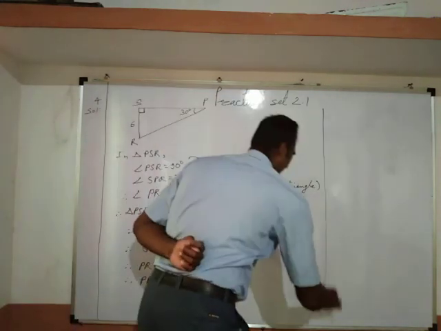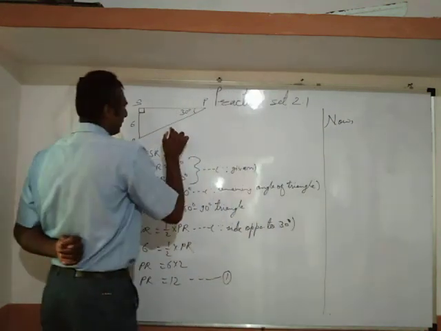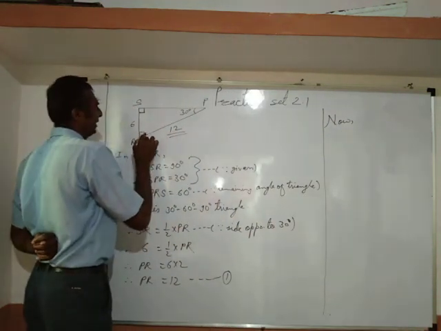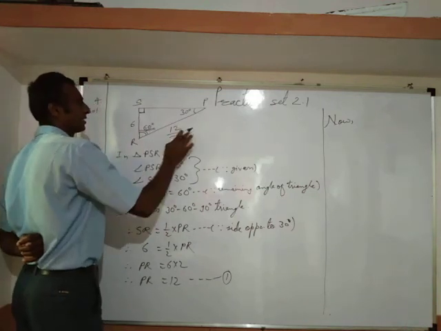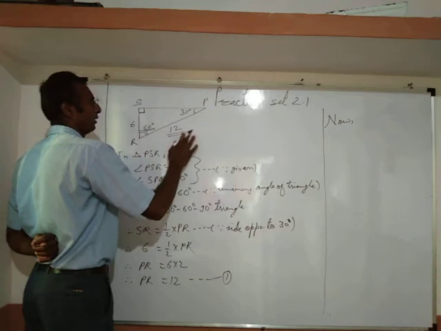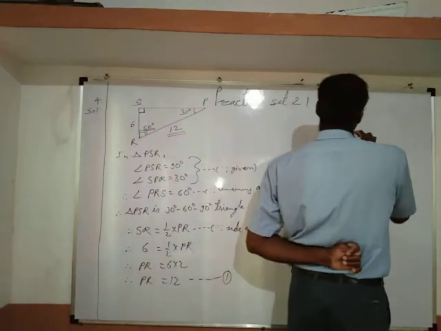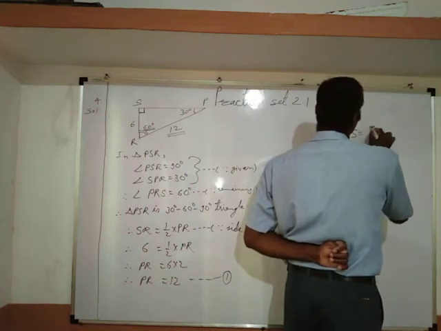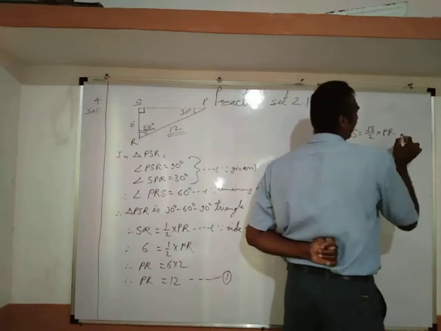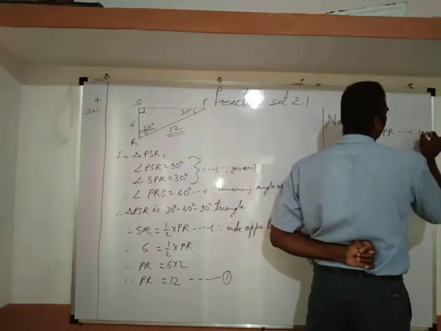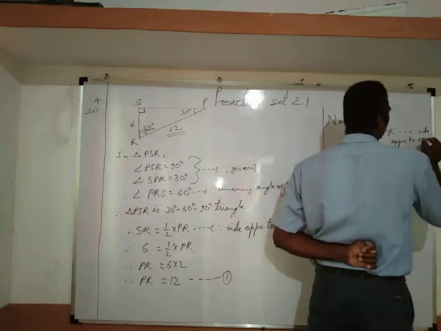Okay, now we have PR 12, angle PRS 60 degrees. Let's underline these things because these were not given. We calculated them. Now PS equals root 3 upon 2 into PR, since it is the side opposite to 60 degrees.